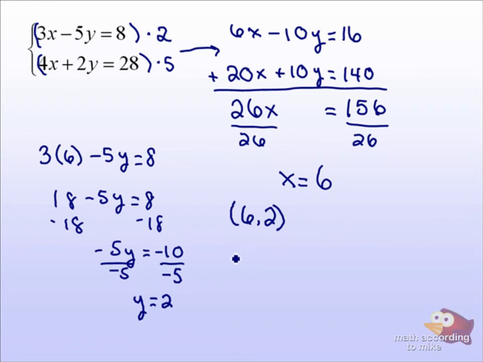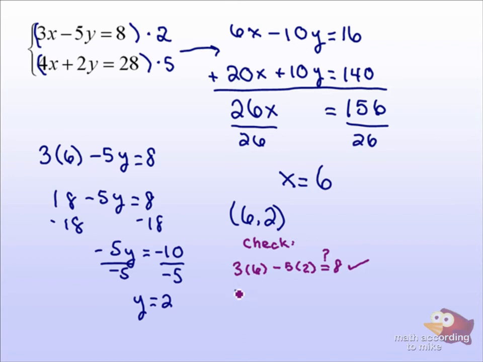Just as before, let's check this. We'll put in 6 for x and 2 for y. Always go back to the original when you check, just in case you made a mistake along the way. This gives us 18 minus 10. That indeed is 8.